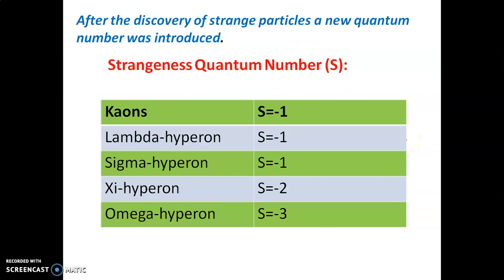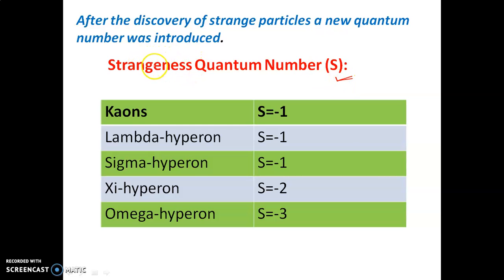I'll not repeat it. After the discovery of strange particles, a new quantum number was introduced, because we have not talked about quantum numbers till here. It is called the strangeness quantum number, denoted by S.